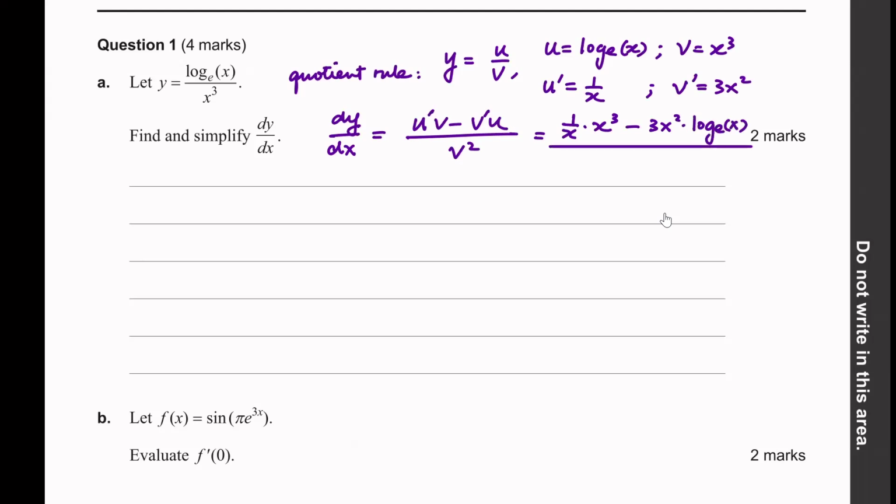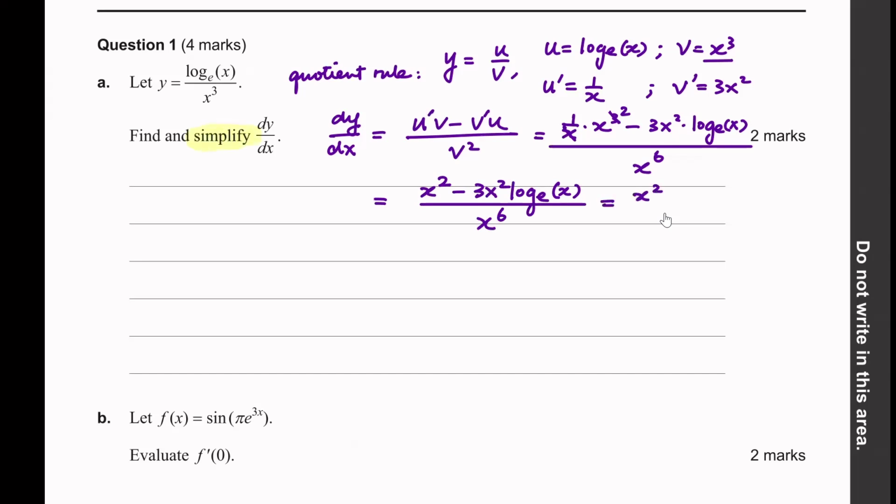And I write the long vinculum, x to the power 3 squared, that is x to the power 6. So you can actually get, let's say on the top, x squared. Cancel that, you get x to the power 2 minus 3x squared log e x, divided by x to the power 6. Just notice there is a phrase called simplify.